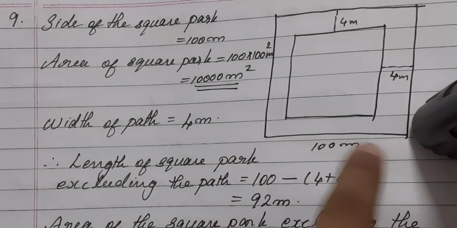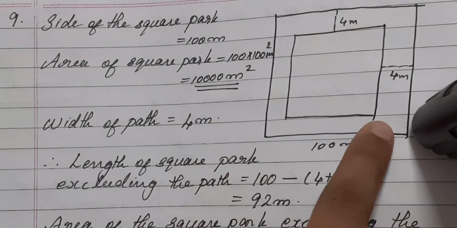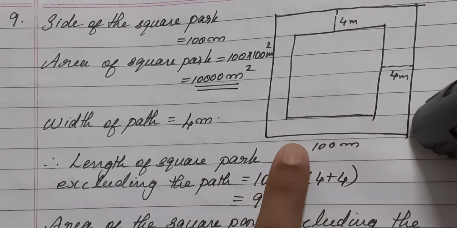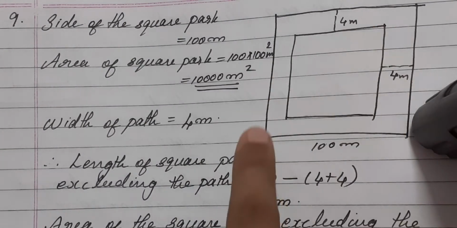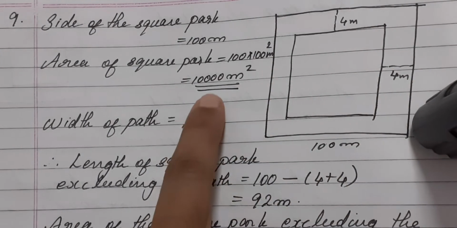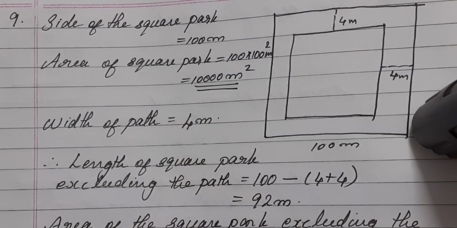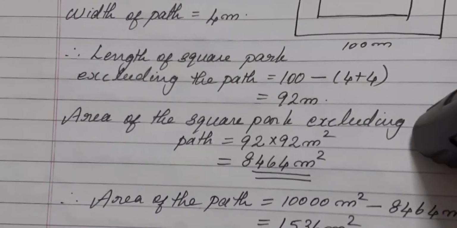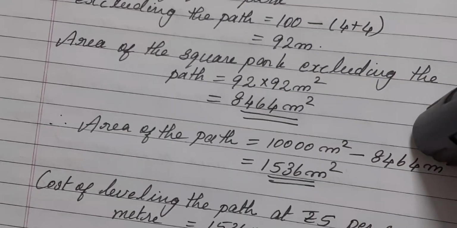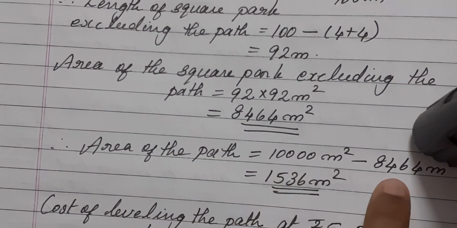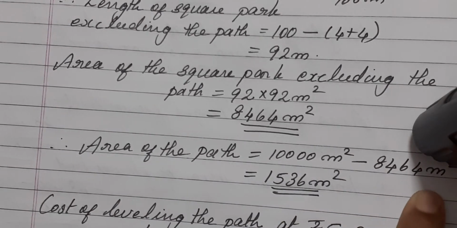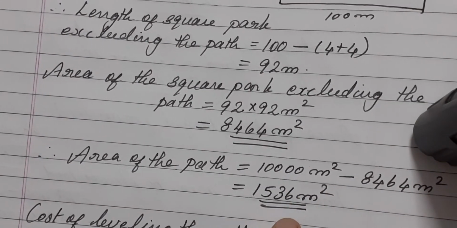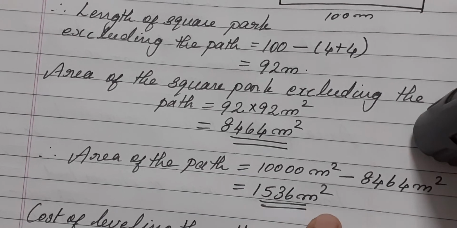Now how can you calculate the area of the path? You know the area of the outer square and the area of the inner square. Area of the path is area of the outer square minus area of the inner square. That means 10,000 meter square minus 8,464 meter square, so that's equal to 1,536 meter square.